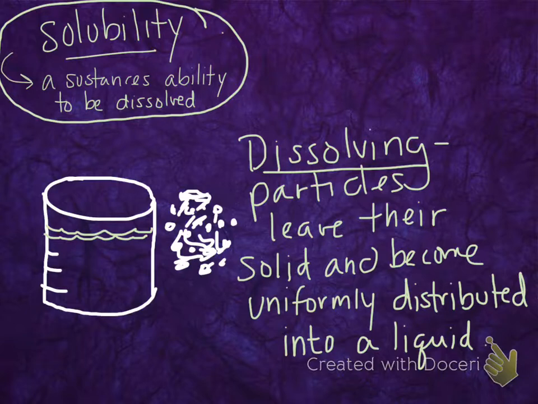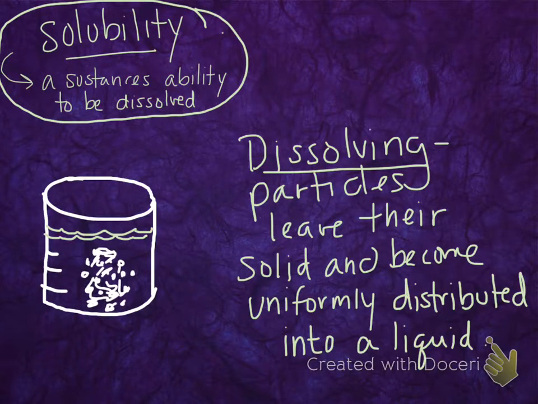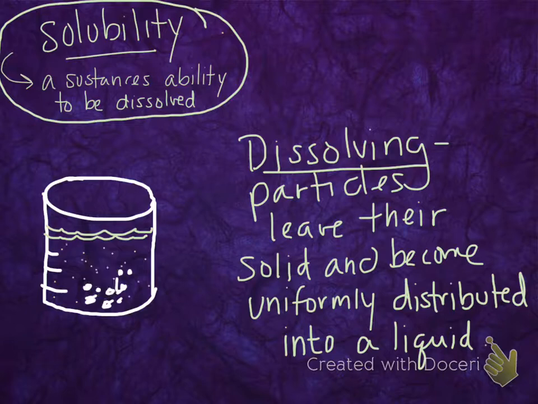So if we take this pile of sugar or salt or whatever this is, and we put it into the liquid that we've got, and they begin to spread out, and pretty soon you can't see any of the solid pieces anymore. They become less and less apparent. The mixture may look cloudy for a little while, and then eventually it all looks perfectly clear. Those solid particles have left their solid form, and they've become permanently, evenly distributed in the liquid.